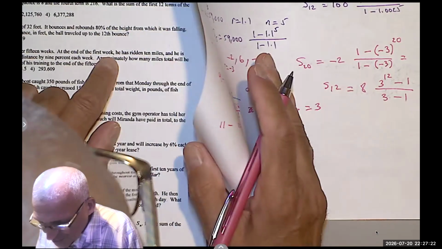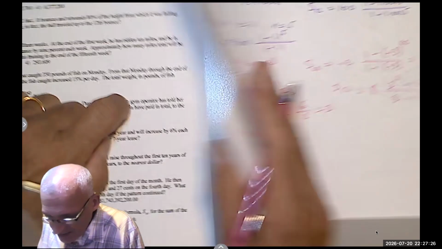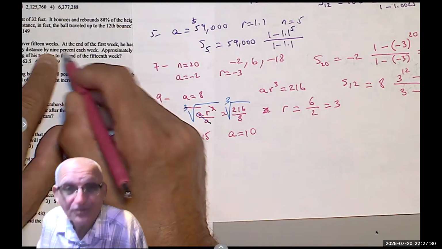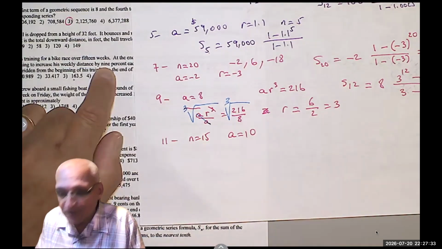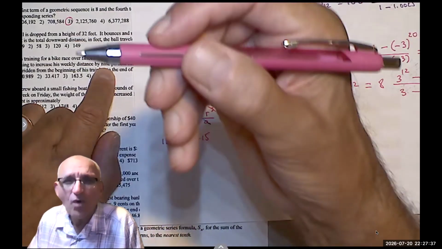At the end of the first week, he has ridden 10 miles, so A is 10. And he's planning to increase his weekly distance by 9% each week. 9% meaning 0.09. You have to add 1 to that. Why?